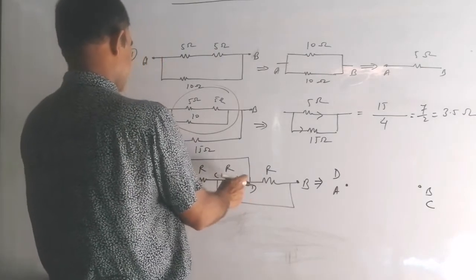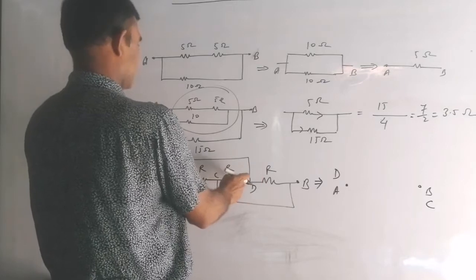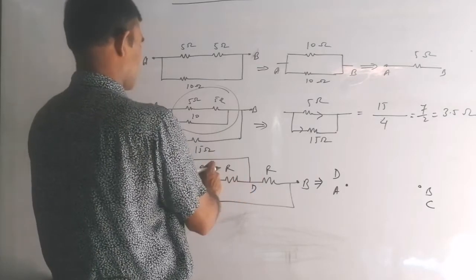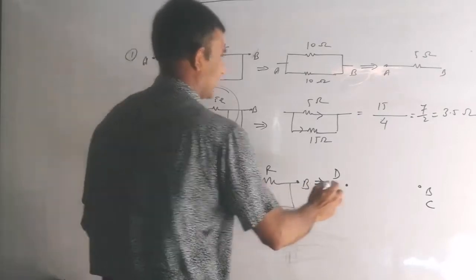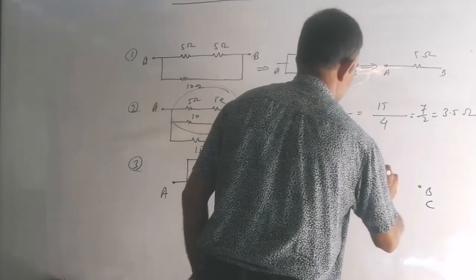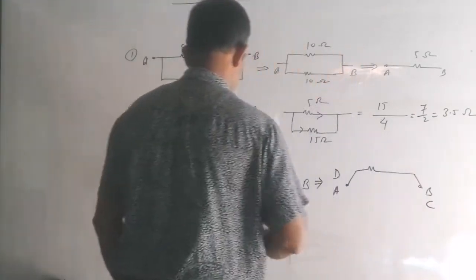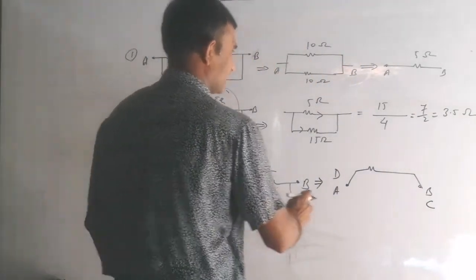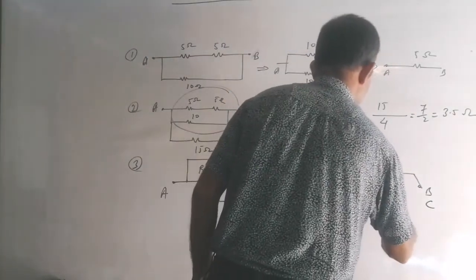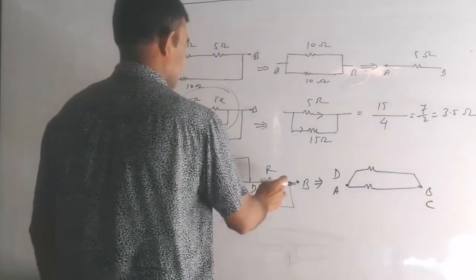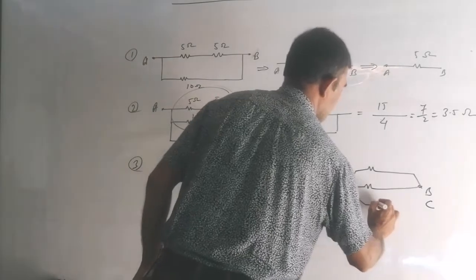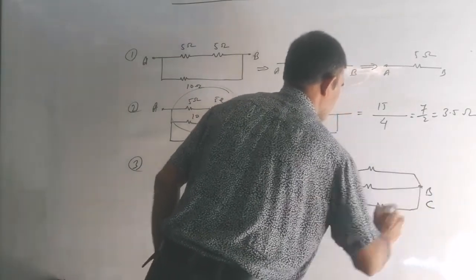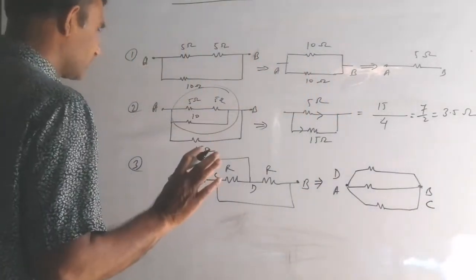A and D are the same point, so there is this resistance, C is connected here, so one resistance, another between C and D the same point, and the last resistance between B and D. Are you getting it or not?